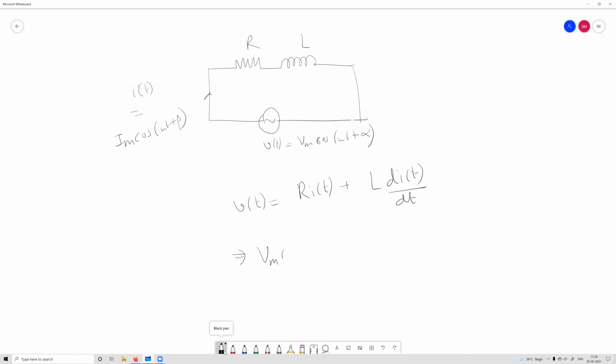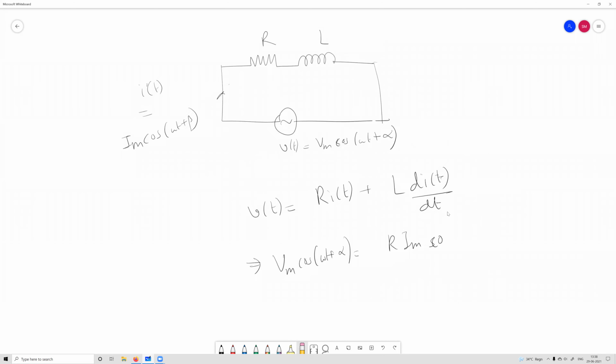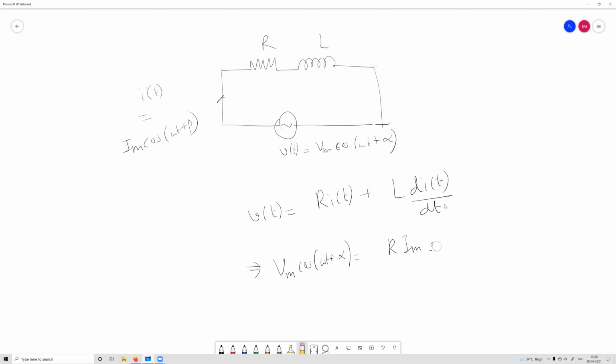So Vm cos(omega t plus alpha) equal to R Im cos(omega t plus beta) plus L d/dt of Im cos(omega t plus beta).